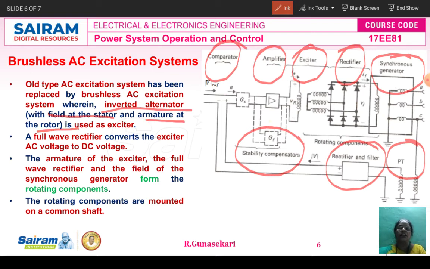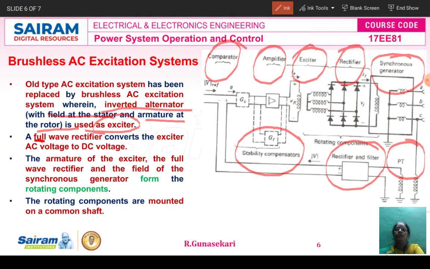So that's why it's called an inverted alternator. Generally the alternator is designed with the field winding as a rotor and the armature as a stator. But in the inverted alternator, the field is a stator and the armature is a rotor. The inverted alternator can be used as an exciter in the brushless AC excitation system.